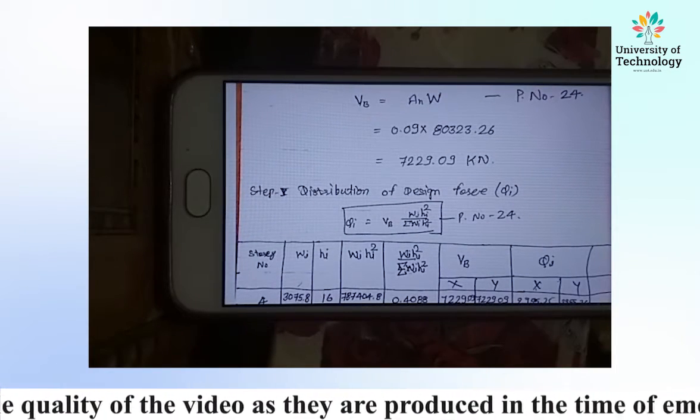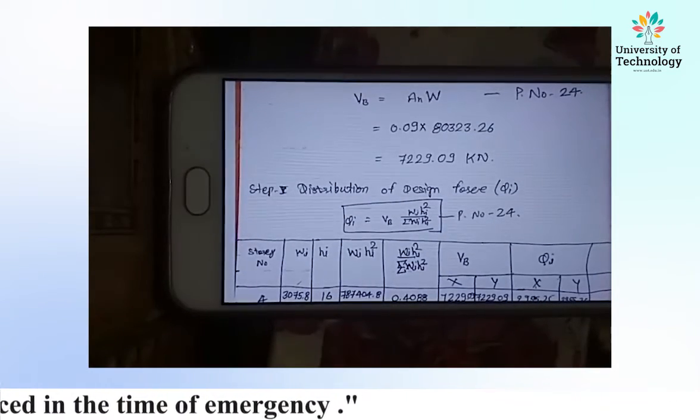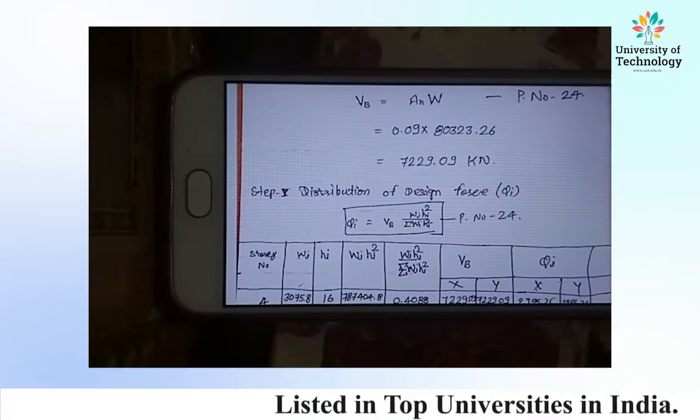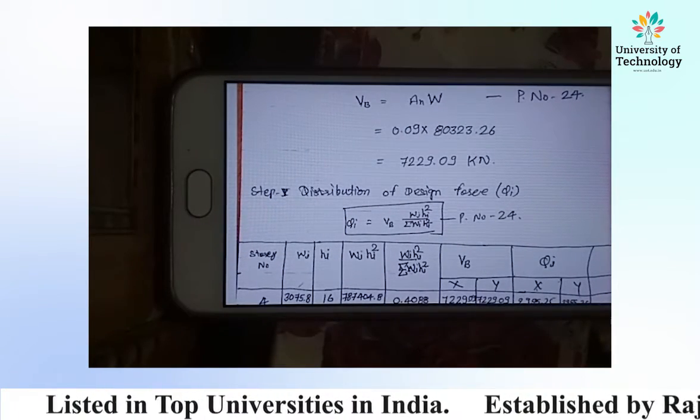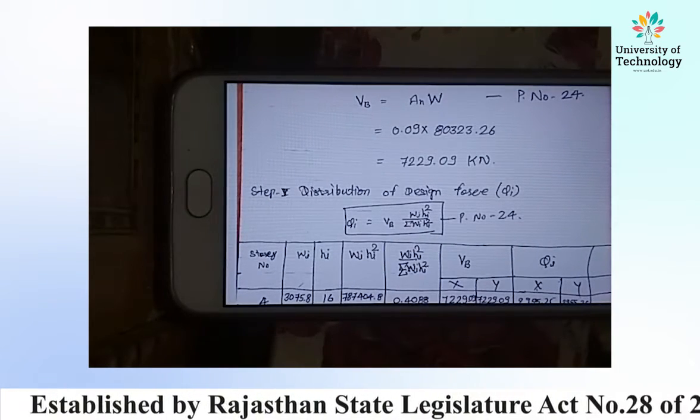Step 5, distribution of design force, represented by Qi. The formula of Qi equals VB into Wi hi square upon the summation of Wi hi square. It is given on page number 24.